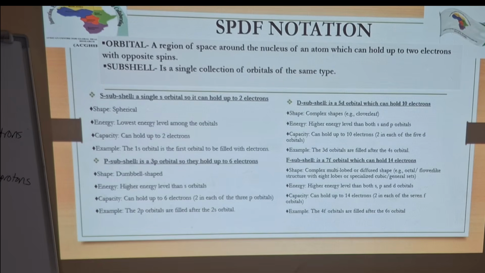It has a higher energy level than the s, p and d orbitals. Its capacity is up to 14 electrons, 2 in each of the 7 f orbitals. Example, the 4f orbitals are filled after the 6s orbital.